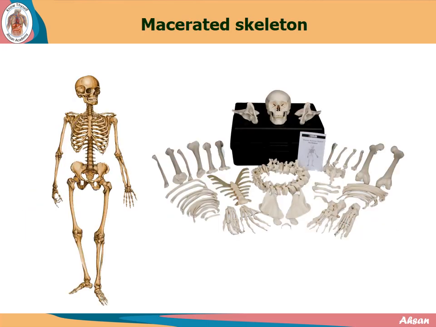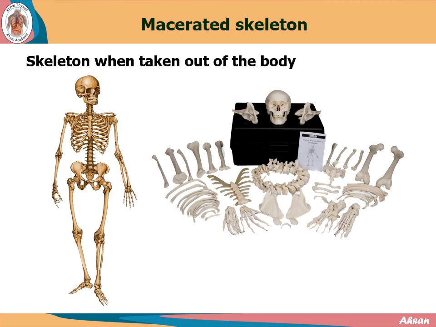For the study, we separate the bone from the body, and the process of separation of the bone from the body is known as maceration. So through a process of maceration, we get the bones, and we can study the bone individually, and also we can articulate them artificially to make the skeleton.